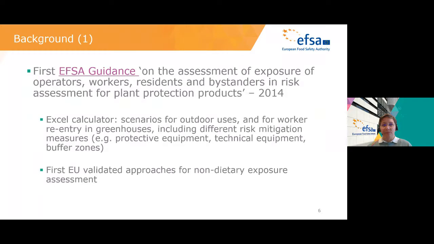As historical background, the first EFSA guidance on the non-dietary exposure assessment of operators, workers, residents, and bystanders was published in 2014. It was including an Excel calculator with scenarios for outdoor uses, also some worker re-entry scenarios in greenhouses, and it included different risk mitigation measures: protective equipment, technical equipment, buffer zones.